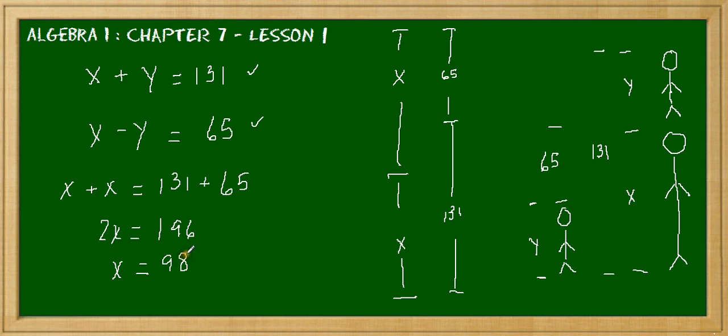So now we've been able to determine that Mr. Kohler's height is 98 inches, or 8 feet 2 inches tall. Now, knowing this, we still haven't determined what Mr. Masiero's height is, because we've only determined what x is.